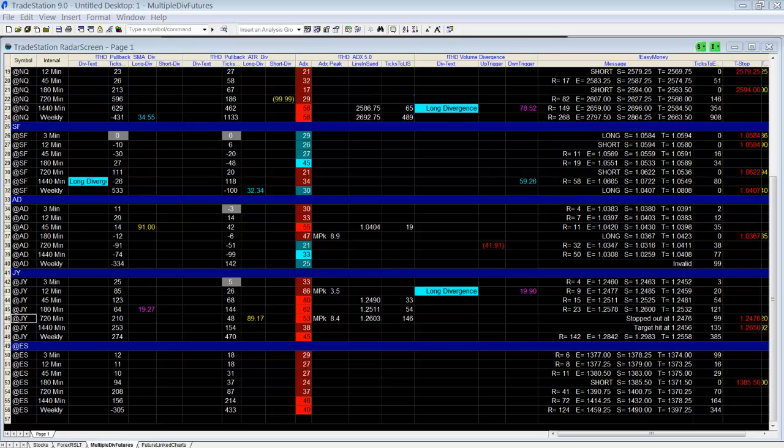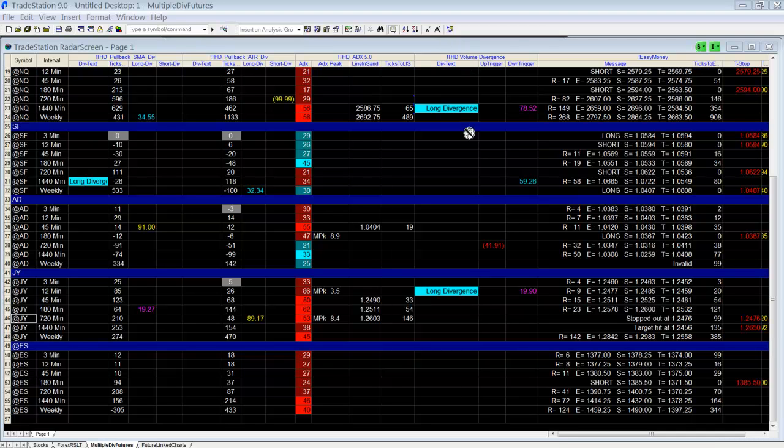The reason is you are 33 ticks away from making a magenta peak with an ADX value of 80. That would not be a really great high probability trade setup. And you're already seeing long divergence appear on the 12-minute, again telling you that it's going to bounce up.